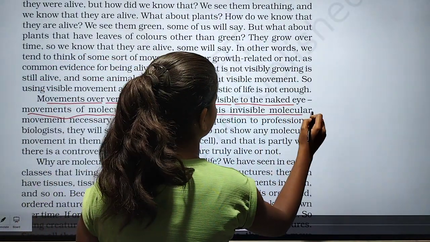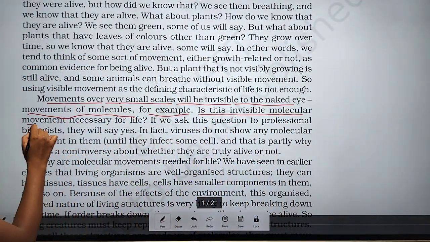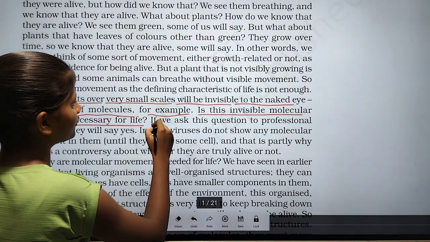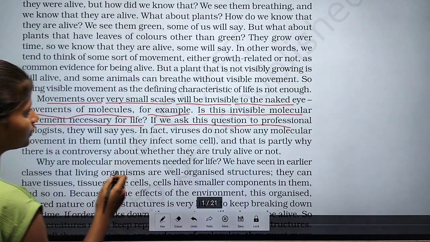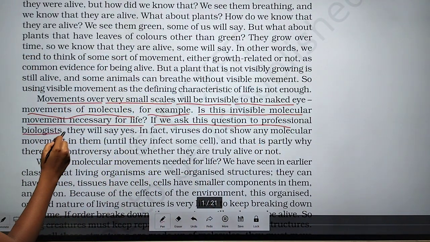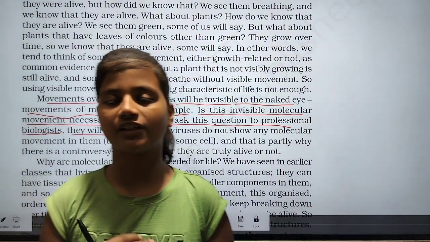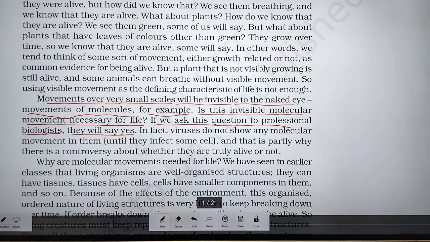Is this invisible molecular movement necessary for life? Here is one more question: is this invisible molecular movement necessary for life? Okay, if we ask this question to professional biologists, they will say yes.